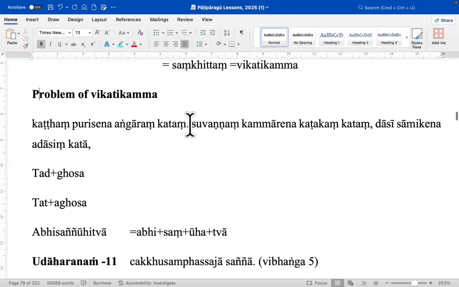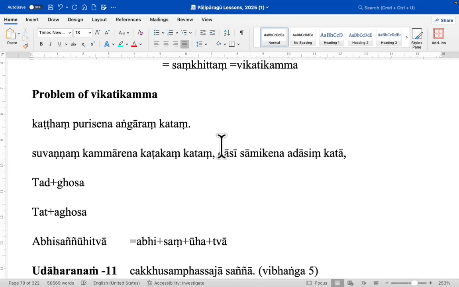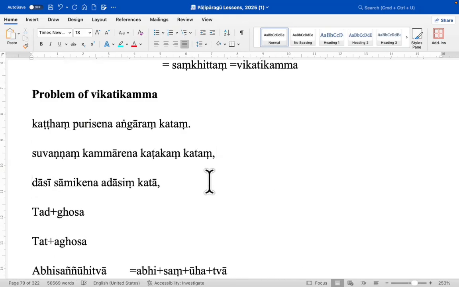So here, this is Dhatu Mala, page number 389, right? Look at this example: Kattan Purisena Ankaran Kattan. By seeing Purisena, Kattan is passive voice.